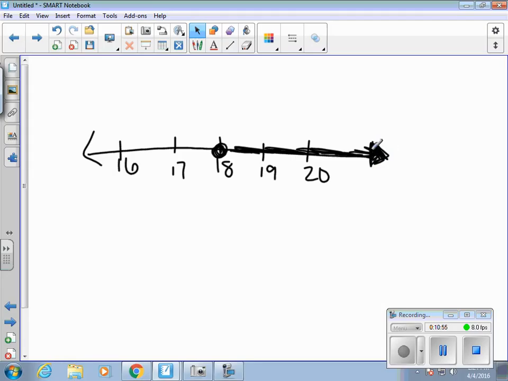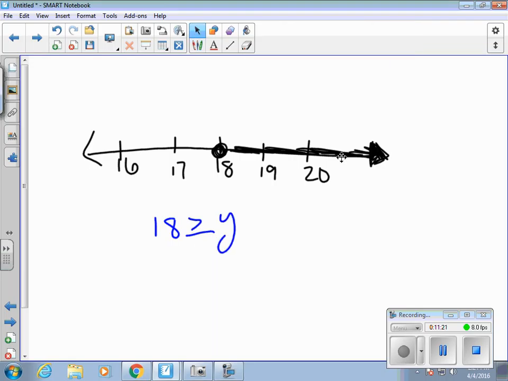Who can write me an inequality for this? All right, Isabella? Come up and write that inequality for this, please. Okay, I have one thing.